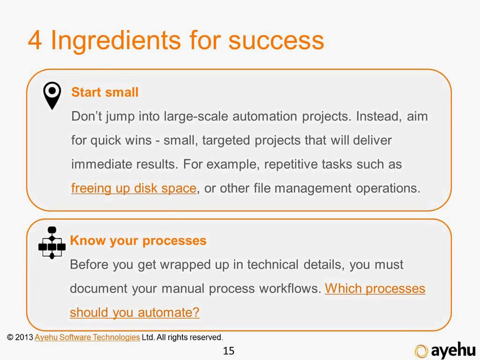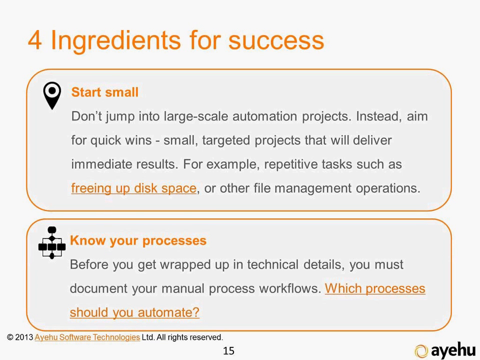The ingredients for success can be summarized in 4 little bullet points. Start small. We don't recommend that you automate your biggest headaches right off the bat. Instead, we suggest going for the quick win, smaller projects, things that will deliver some immediate results. As an example, when I mentioned earlier, freeing up disk space or other file management operations.